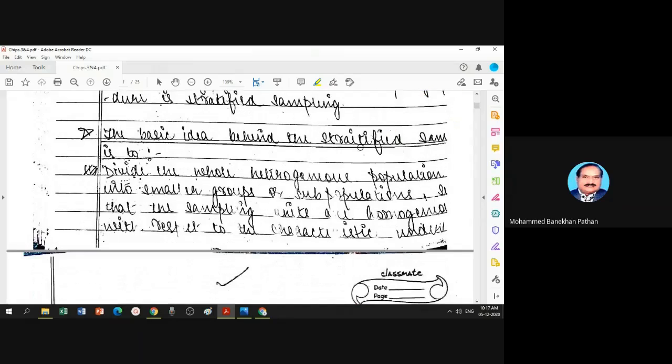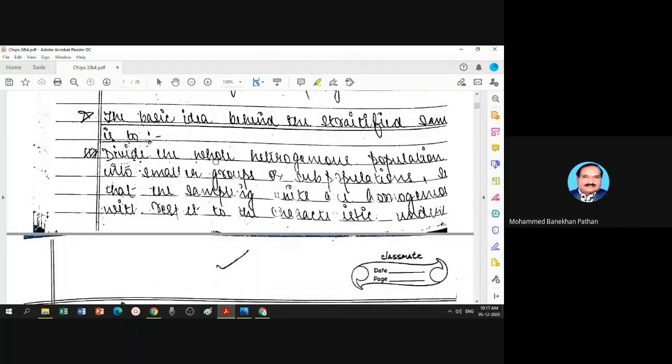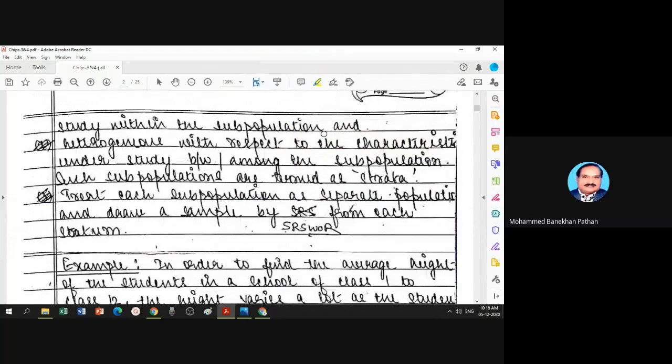The basic idea behind stratified sampling is to divide the heterogeneous population into small groups, or subpopulations, such that sampling units will be homogeneous with respect to the characteristic under study within the subpopulation, and heterogeneous with respect to the characteristic under study between the subpopulations.